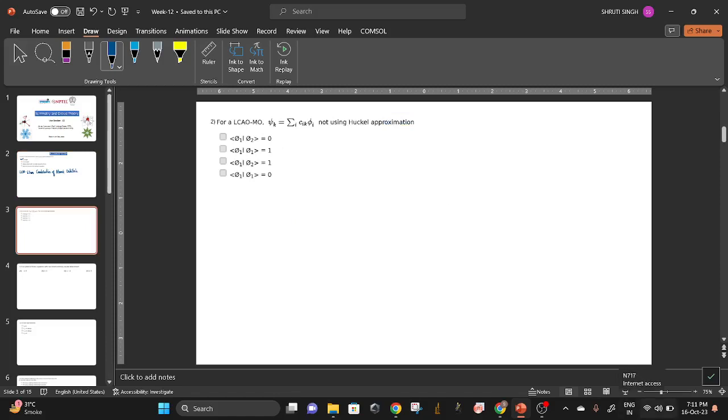Now the next question is, for an LCAO MO, psi_k equals the summation over i of C_ik phi_i, not using Huckel approximation.